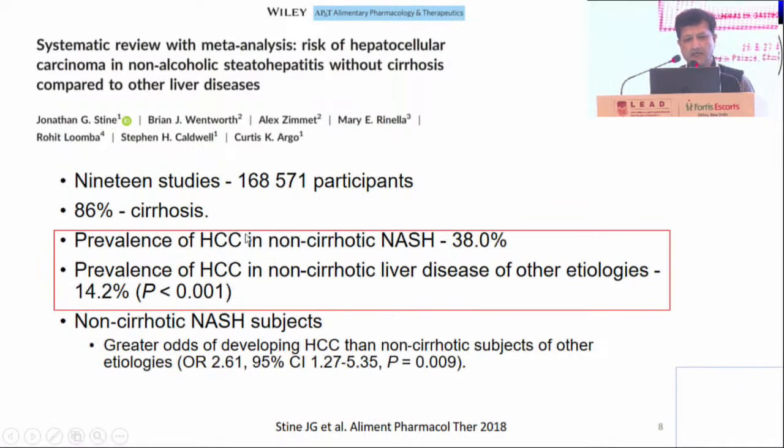But when they compared the 14% who were non-cirrhotic and looked at the etiologies, the majority of non-cirrhotic HCC was happening in NASH, which was 38%, and in other etiologies it was 14%. So other etiologies can also have HCC in a non-cirrhotic background, but NASH has greater odds, maybe twice the risk of other etiologies, for having HCC in a non-cirrhotic background.